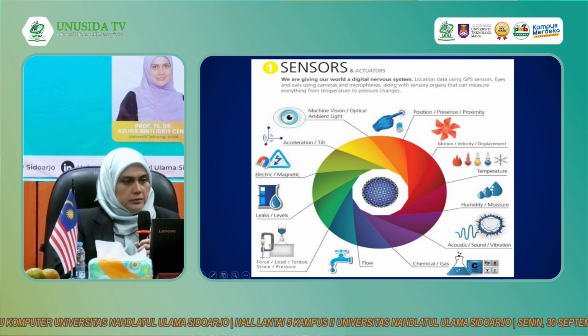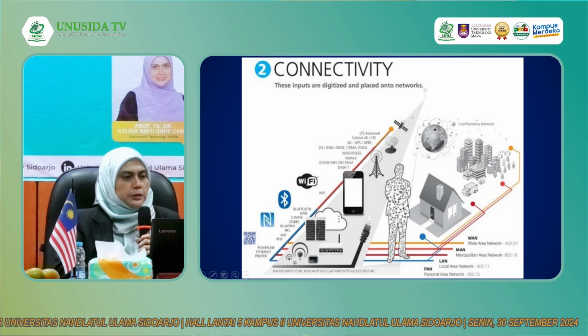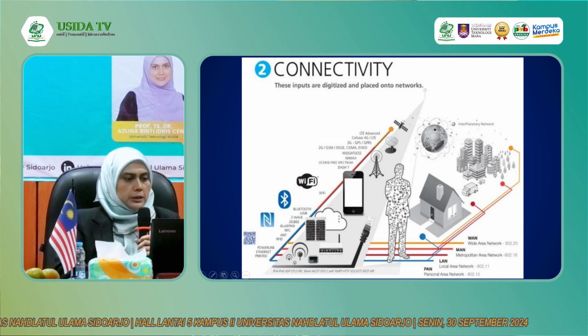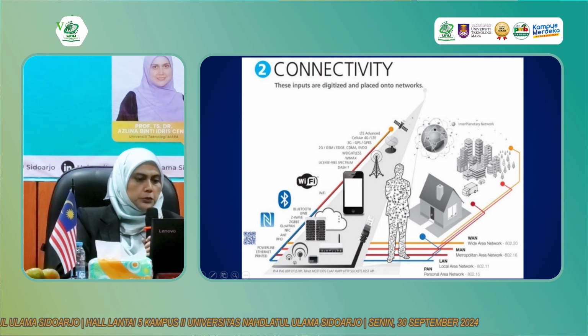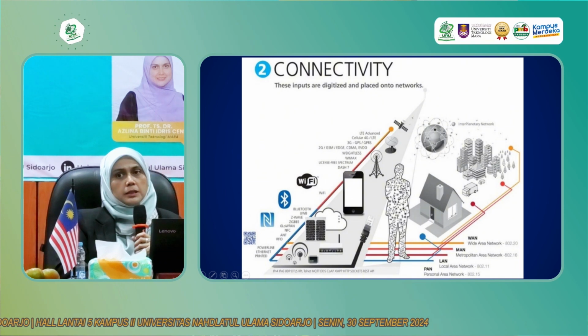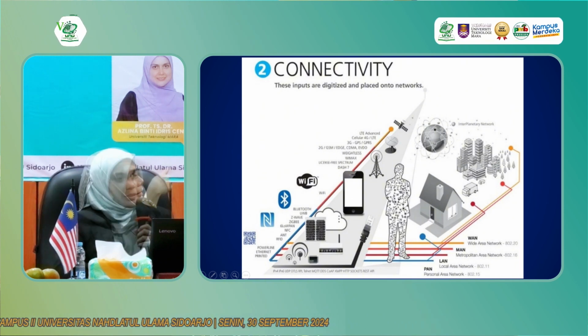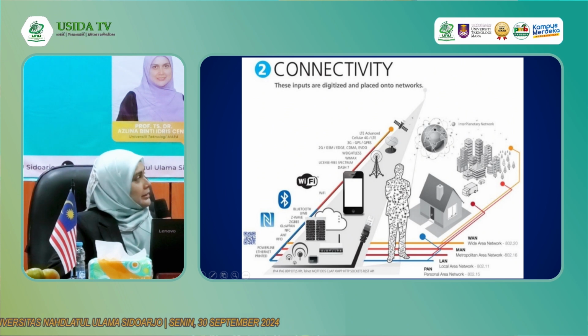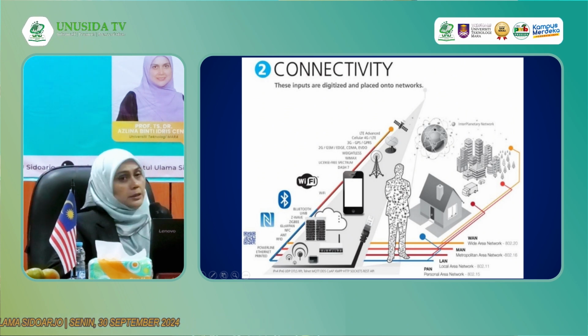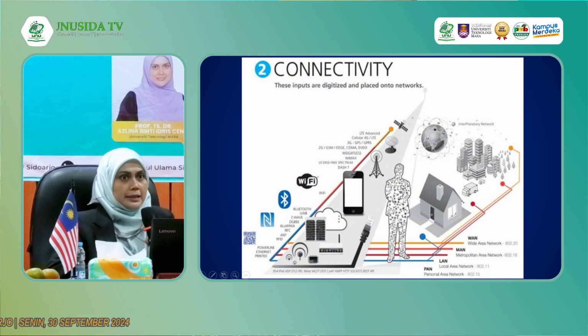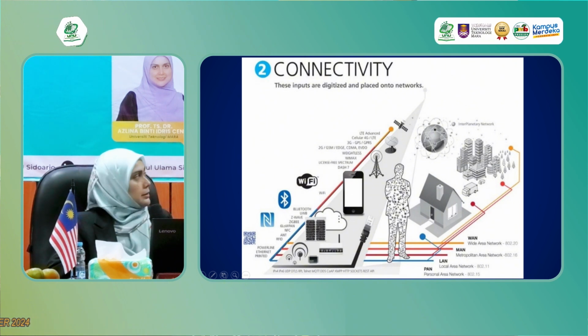Okay. So connectivity, this input is digitalized and based on the network. You can see that over here we are, of course, using a network. So we are using PAN, personal area network, which is up to 30 feet.